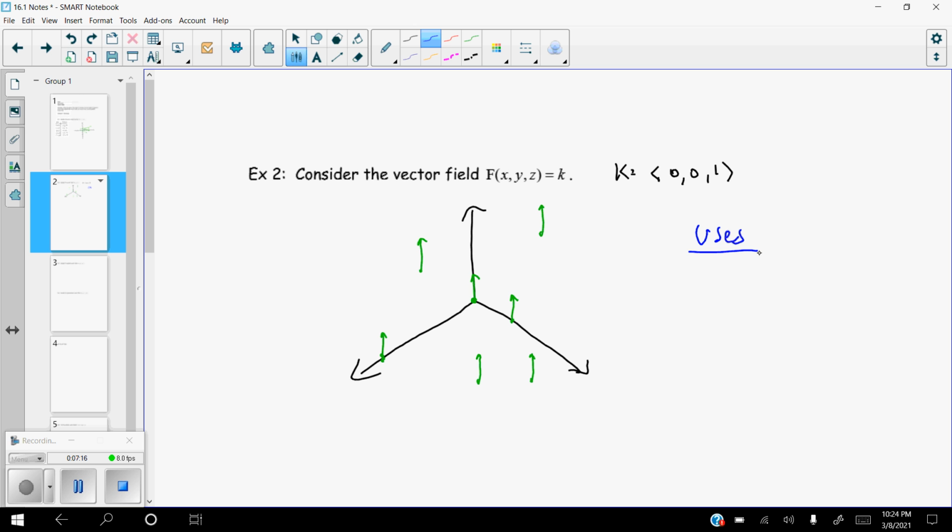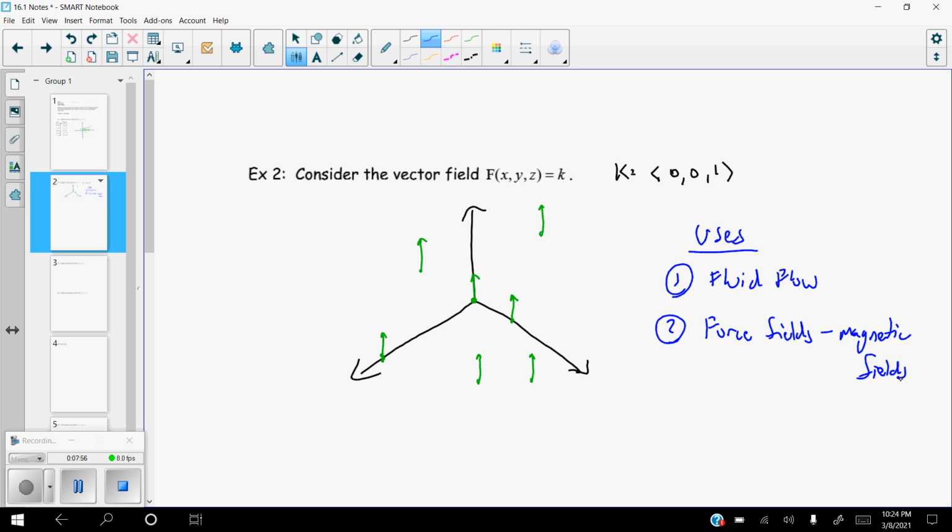One of the main uses that we're going to talk about is fluid flow, how fluids flow through like a river or through some kind of objects. One of the other things that we're going to talk about are force fields. Not like force fields that you would have in science fiction movies, but the idea behind them is actually the same thing, but we're probably going to use them more as magnetic fields.